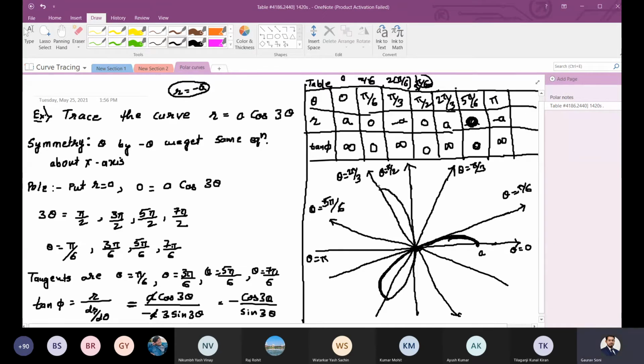After 5 pi by 6 it is becoming 0. And what about pi? This direction is pi, but the answer is minus a. So you have to go in the opposite direction of pi with magnitude a. The curve is like this. So this is the total curve.